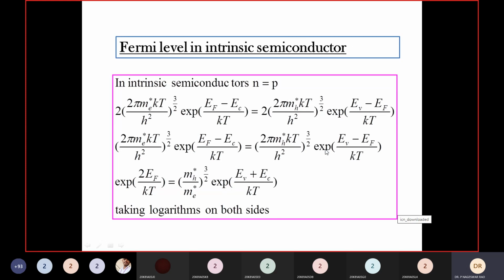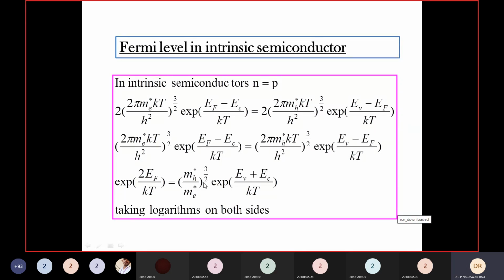So the exponential term is minus 2Ef by kT into exponential of Ev plus Ec by kT. Sending that exponential of 2Ef by kT to the other side, it becomes 1 by minus 2Ef by kT, and coming into the numerator it becomes exponential of 2Ef by kT. If you simplify it, mh star by me star whole power 3 by 2 into only these two remaining terms.